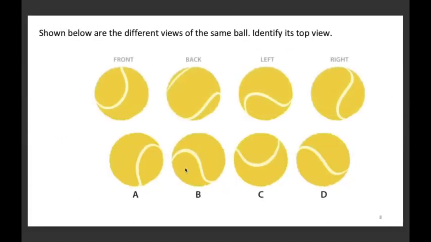Shown below are different views of the same ball. You have to identify its top view. You're given here 4 balls. Now, if you look at the front view, we're given here front, back, left, and right. If you look at the front view, this ends at the top, in the middle, which means that in the plan view of the ball, there has to be a stroke happening in the middle part somewhere here.